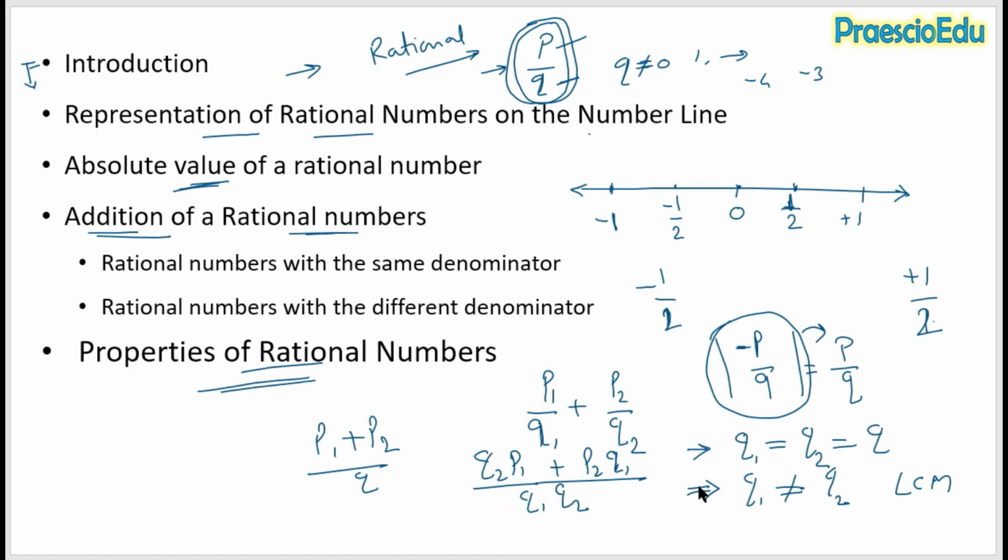So this is the one for the second case. I hope you understand. It's the same as fraction addition. If the denominators are not the same, then we have to take the LCM and make the denominators the same, and multiply the numerator also. If they are the same, then we can directly add.